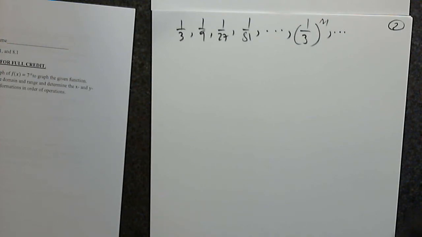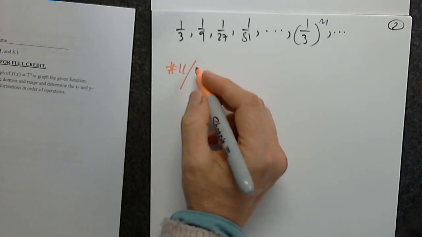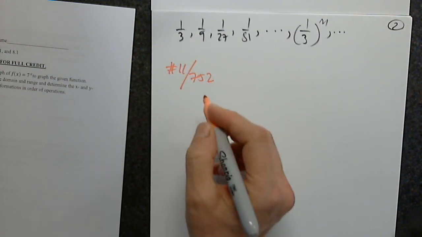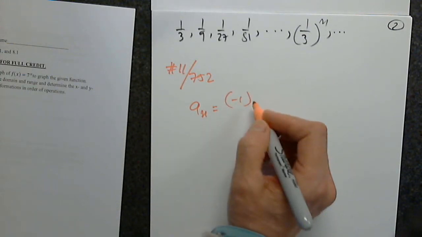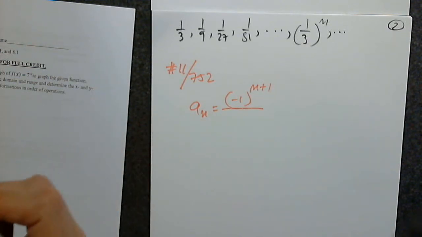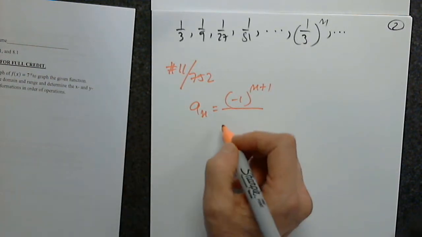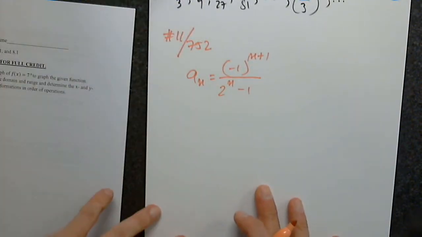Very good. So let's look at another one. Let's say 11 on the same page, 752. a_n, the general term, is (-1) raised to power n plus 1, over 2 to the n minus 1. They want us to determine the first 4 terms.